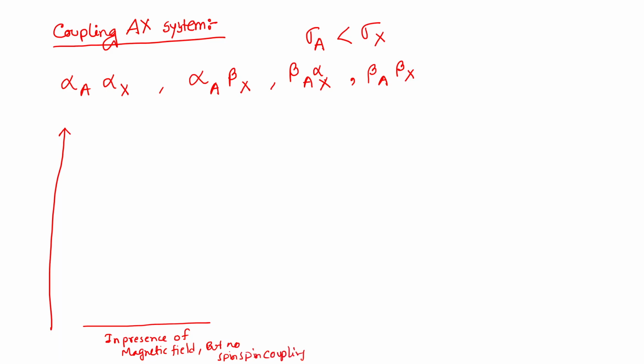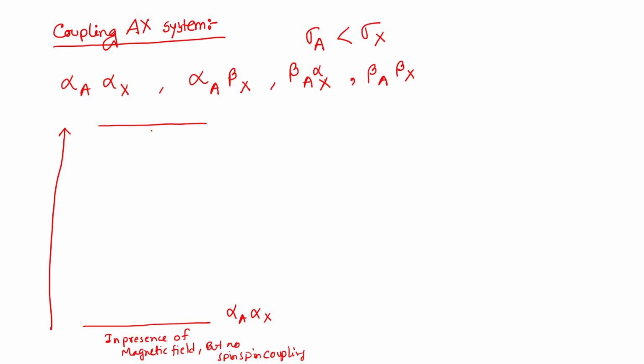As you already know, in the presence of a magnetic field alpha spins, with the plus half value, are going to be stabilized. As both of them have alpha, alpha A and alpha X are going to be pretty stabilized, so this would be the ground state.